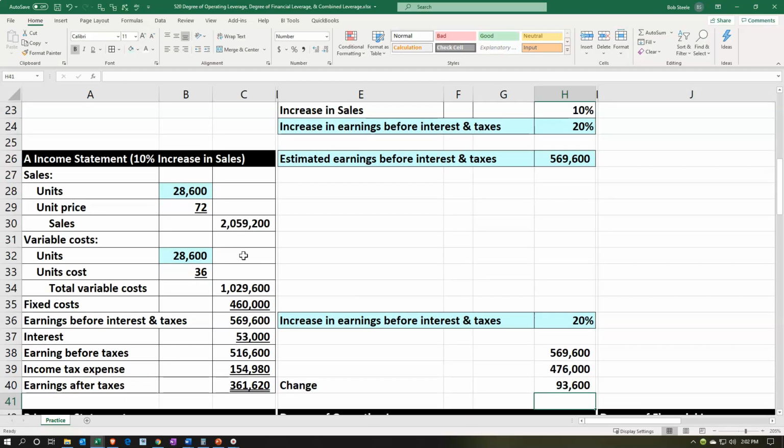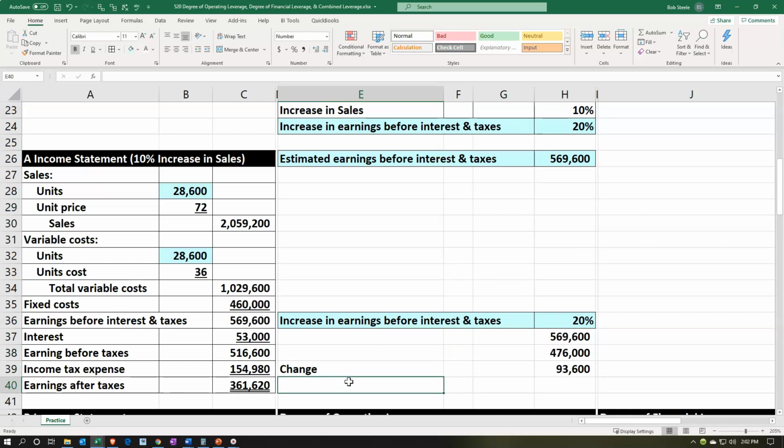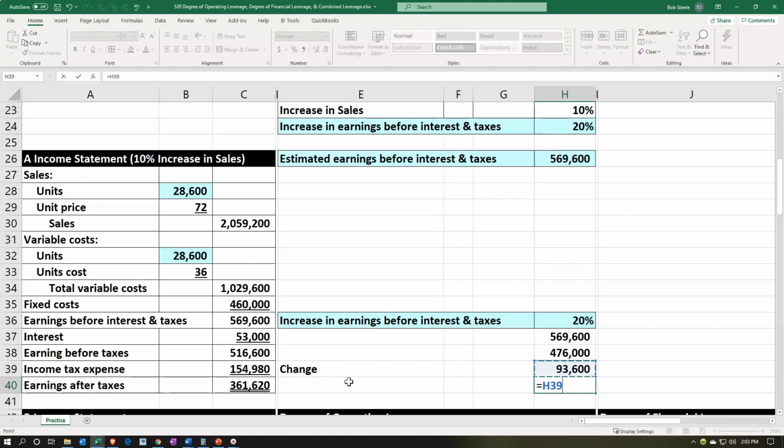And the way we calculate an increase, let's pull these up. I'm going to pull these all up to here. The way we calculate an increase is we take the change divided by the prior period, which is this number. And then I'm going to make that a percent. Home tab, numbers, make that a percent.